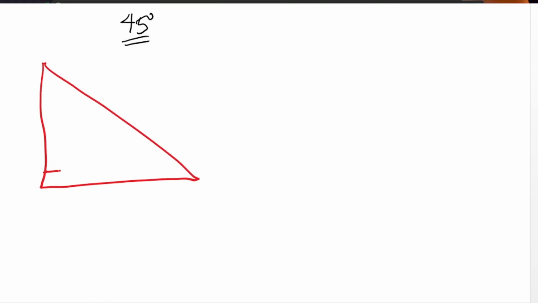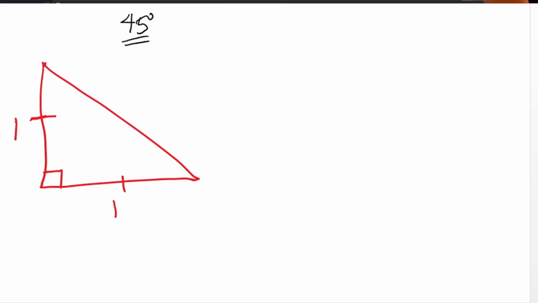This is the right angle here. This side and this side are equal, so that is isosceles, right? Now the rule is that this side is 1 unit and this side is also 1 unit. So we need to find the hypotenuse.